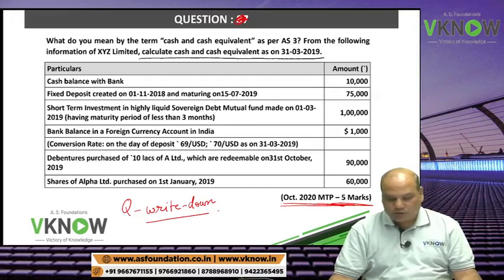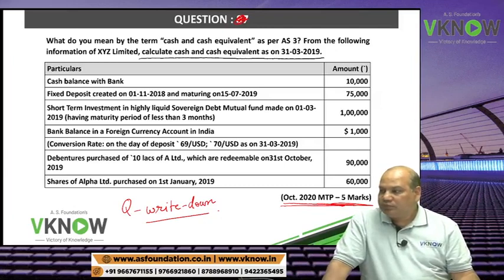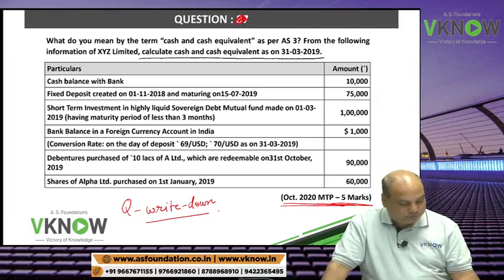Right hand side, rupees. So start writing. Cash balance with bank, 10,000. Then write down fixed deposit.